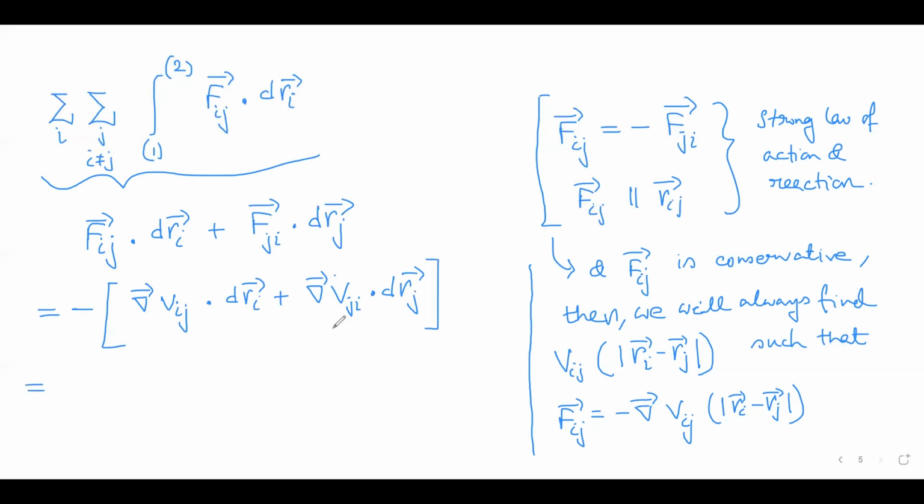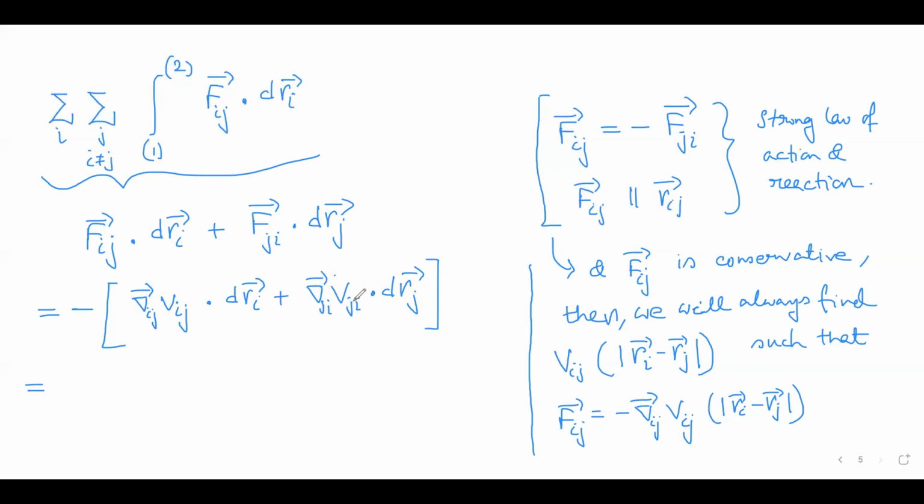Now this gradient of Vji is with respect to j, and this is ij and this is ji. If we just interchange the index, we will get a minus sign from the gradient operator.